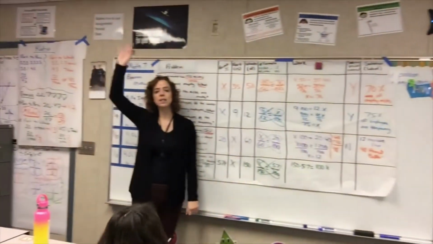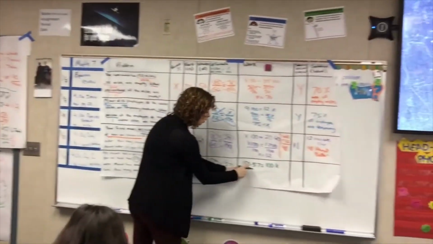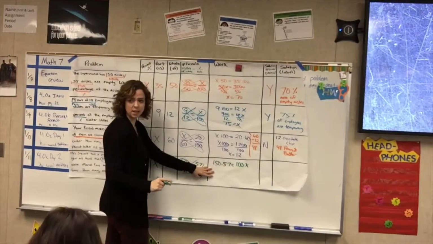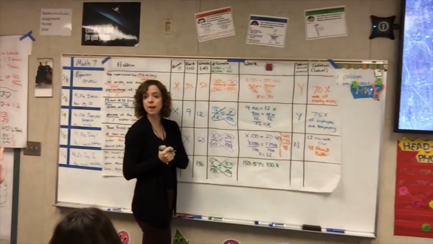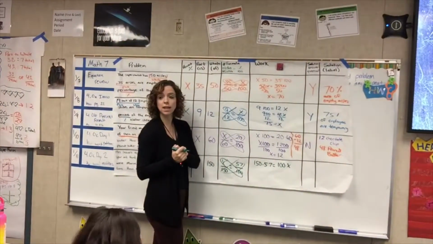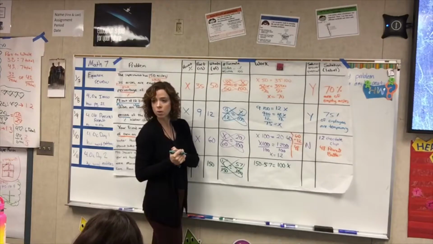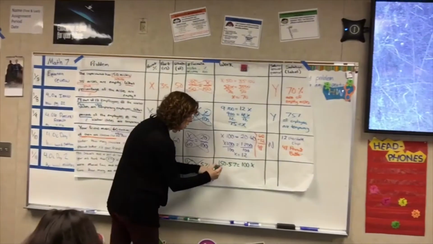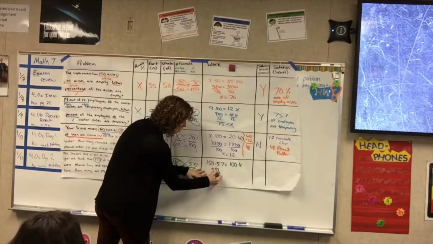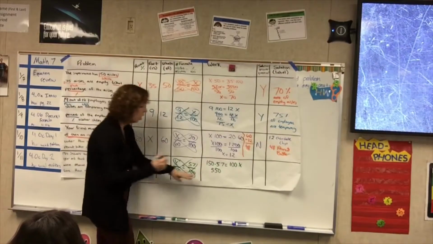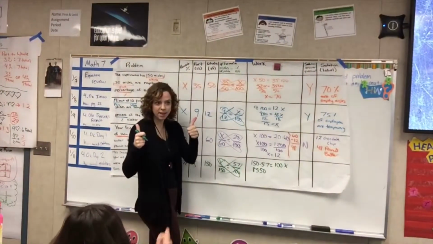Can someone raise their hand and tell me what they got for the multiplication? For 150 times 57? Okay, guys, let's be respectful. I need to be able to hear. Was it 8,550? Okay, thumbs up, 8,550.